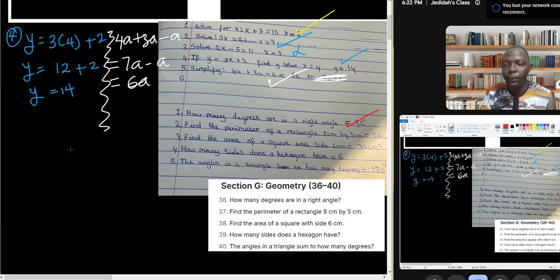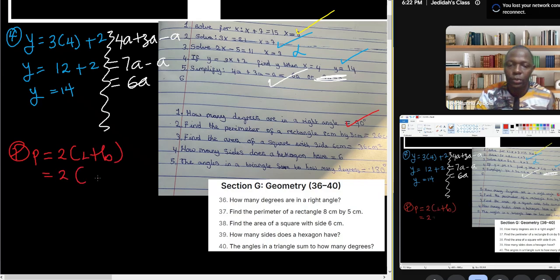What's the formula? Perimeter equals length plus breadth times 2, or length plus width. So that is twice of 8 plus 5, which is twice of 13, equal to 26 centimeters.